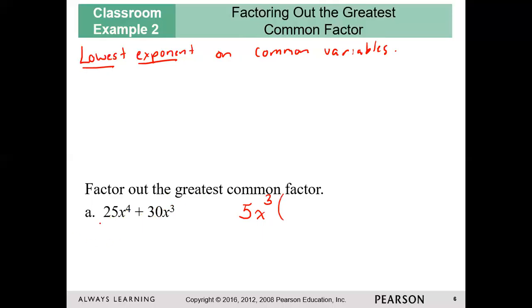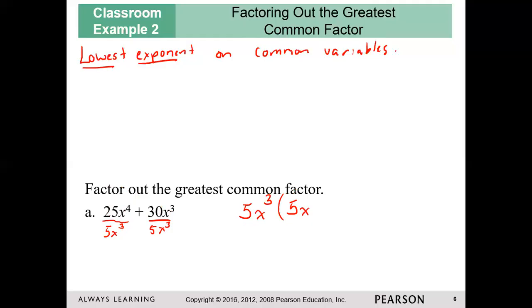And what I'll do is I'll show you again what happens when you divide this 5x to the third. This is where your exponent rules are really going to be critical, right? When you're now dividing like bases, remember when you divide like bases, you subtract the exponents, and that's going to give you your results. So 25 divided by 5 is 5. X to the fourth divided by x to the third is just x.